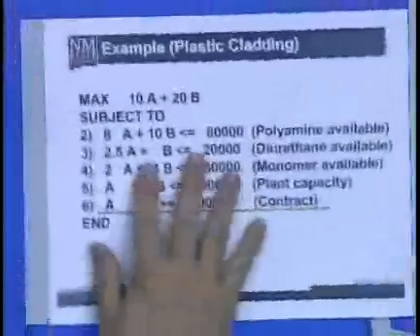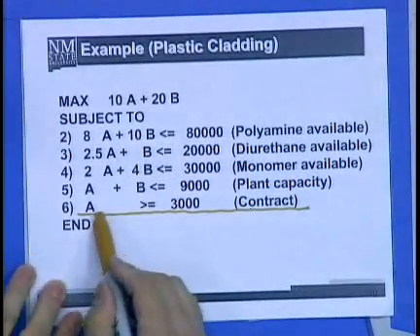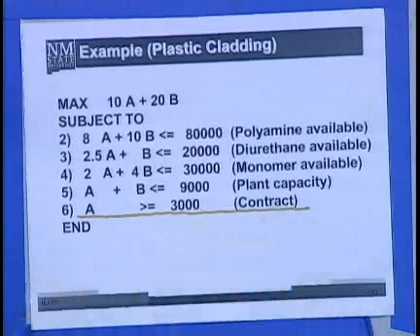So you are following me? I said row number 6 is the requirement for the contract, right?